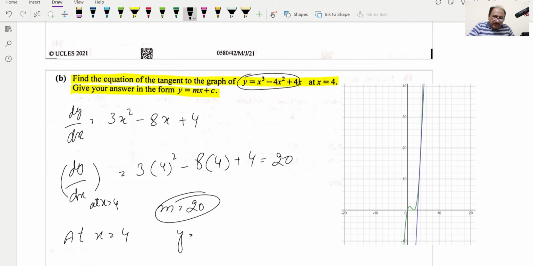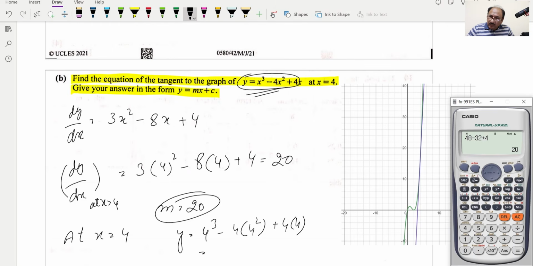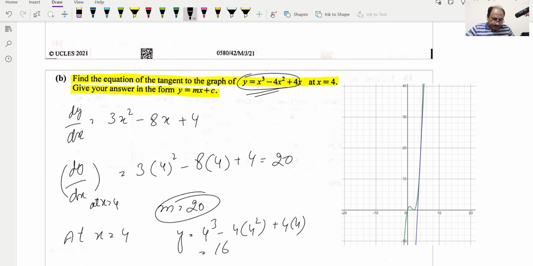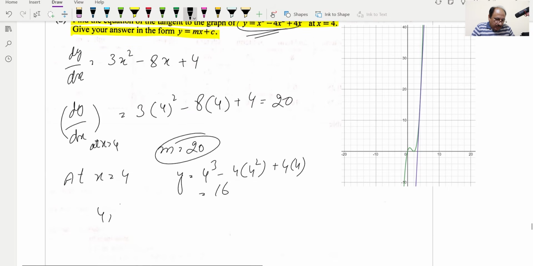We can substitute in this and we will get 4 cubed minus 4 into 4 squared plus 4 into 4, and if we find this value, this is equal to basically 16, and so our point will be (4, 16).